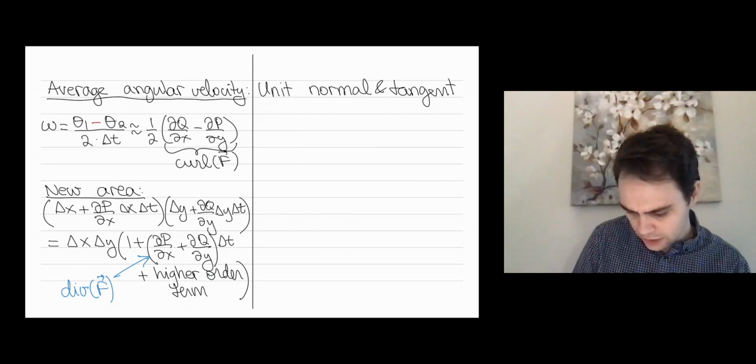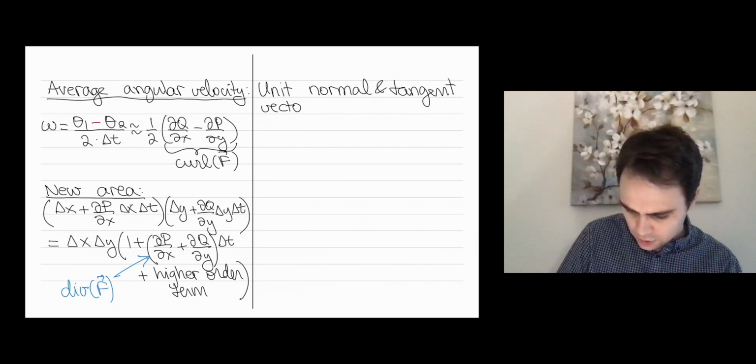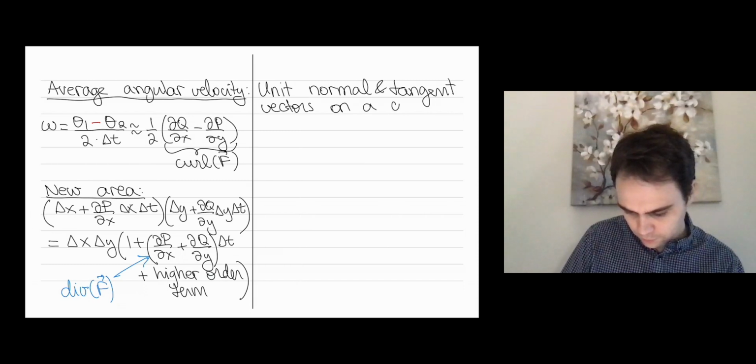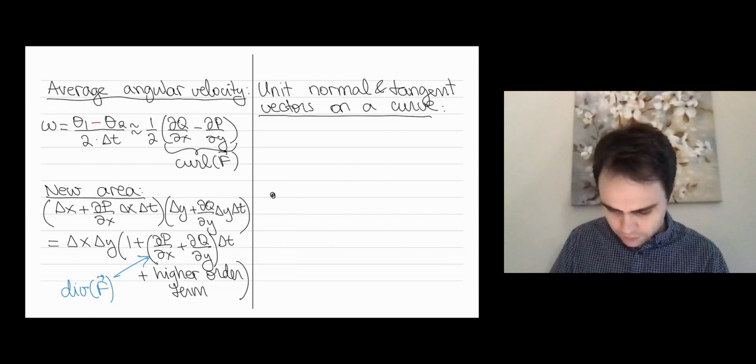It's really vector fields you have, but they're along the curve. I'll just say unit normal and tangent vectors on a curve. So let's just do it. Here's a curve.